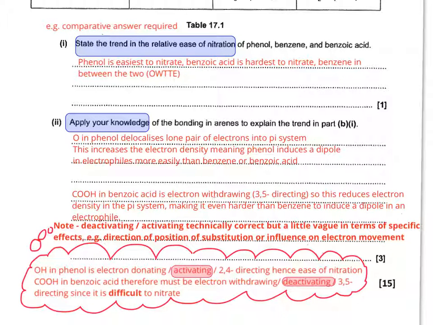Do the electrons get donated into the ring? Do the electrons get withdrawn out of the ring? So my advice would be to perhaps consider not using activating or deactivating, because quite often in mark schemes it says ignore deactivating or activating, which means that although they're not wrong, they're not quite correct enough to nail the mark. So with that in mind, we'll finish off now because I think that is the end of the question.